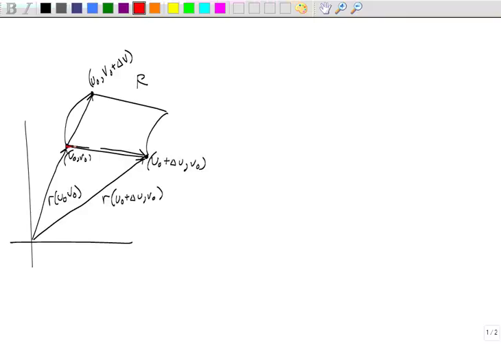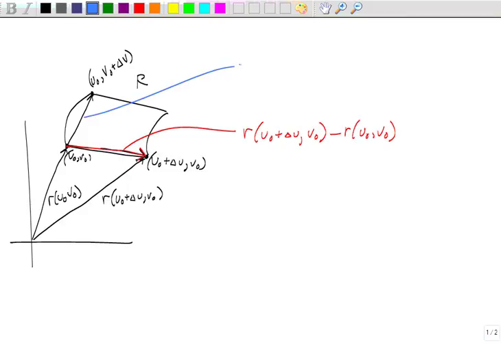So this vector right here in red is r(u0 plus delta u, v0) minus r(u0, v0). And this one is r(u0, v0 plus delta v) minus r(u0, v0). So we'll call this vector a, in red, and this vector b, in blue.